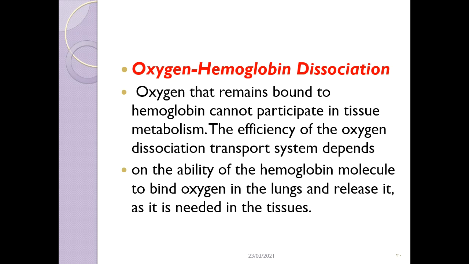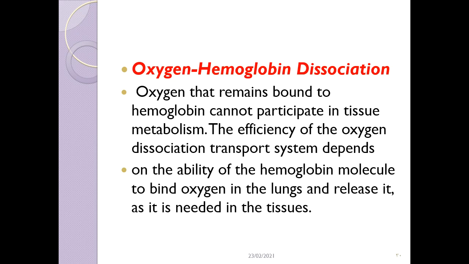And when the blood leaves the left side of the heart, it is fully saturated with oxygen, and the saturation can reach 97%, while when the oxygen dissociates from the hemoglobin as it passes to the tissue, the oxygen saturation will drop to 75%. What is the oxygen hemoglobin dissociation?